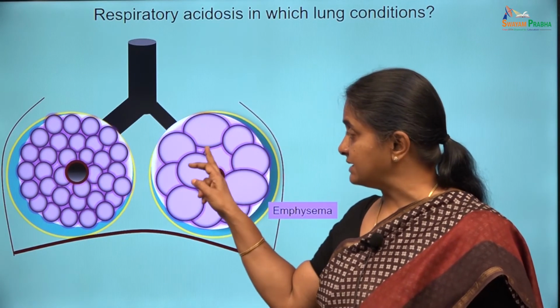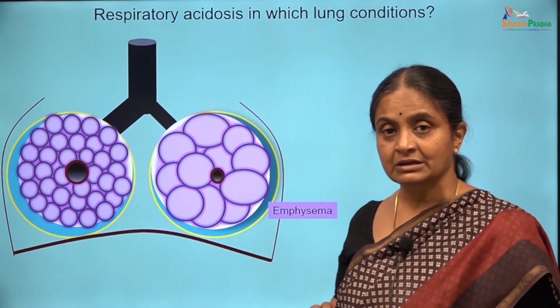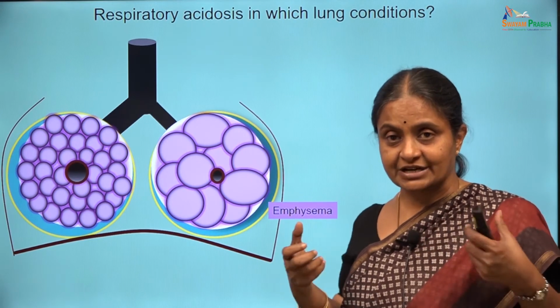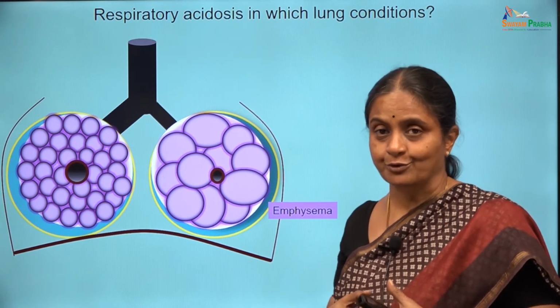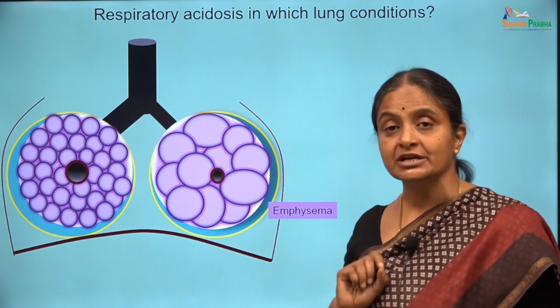When that elastic tissue is less in emphysema, the bronchioles lose that radial traction and therefore narrow. Emphysema is therefore classified as an obstructive disorder.